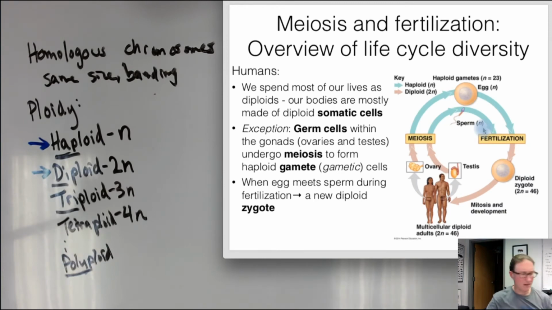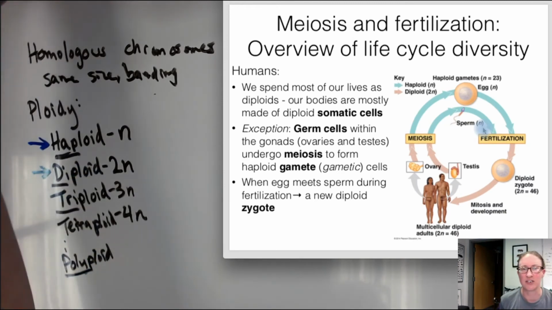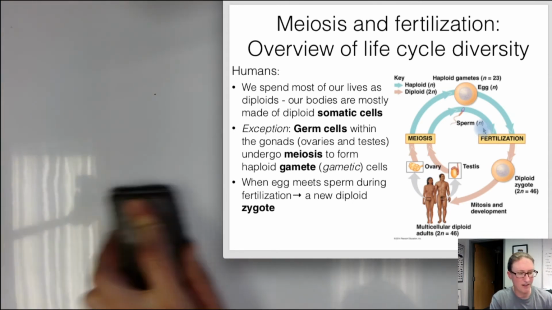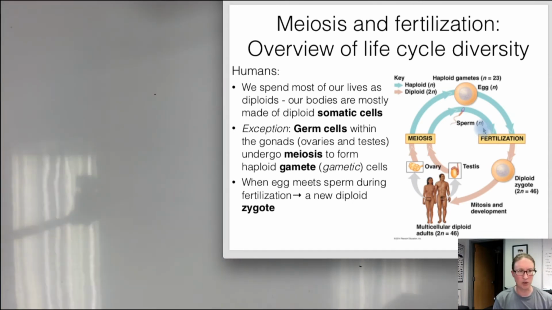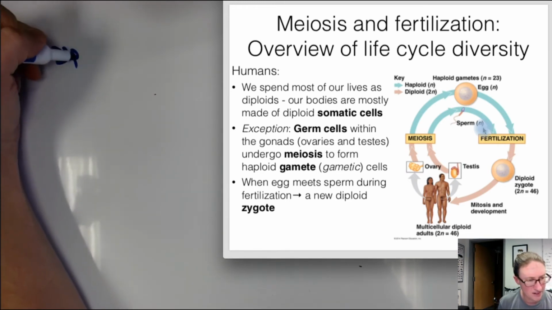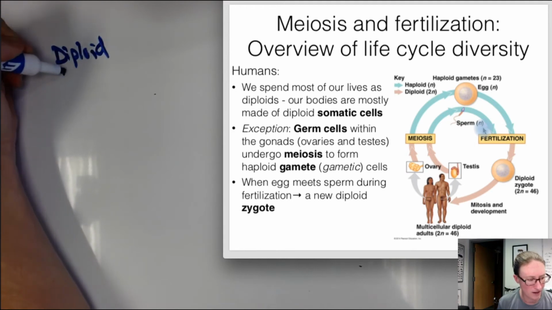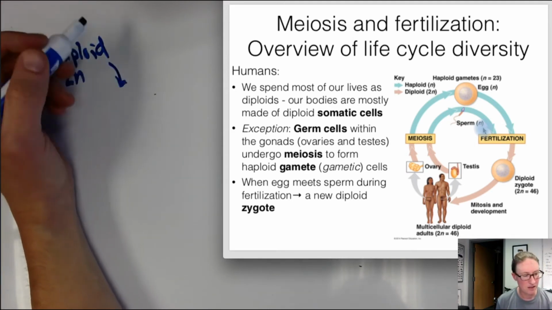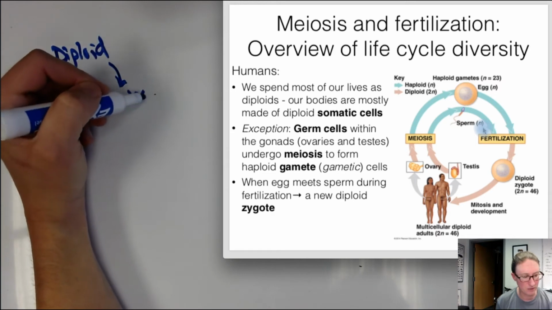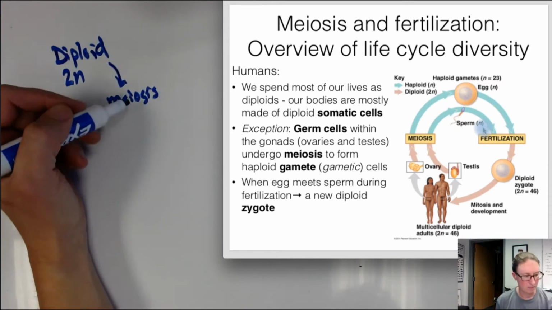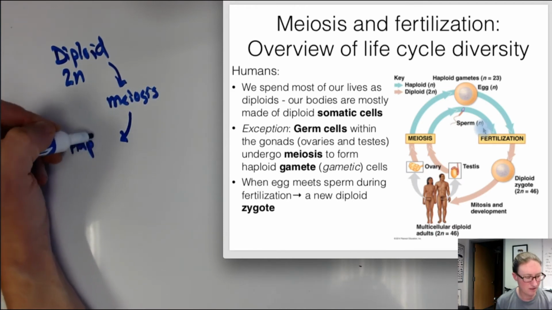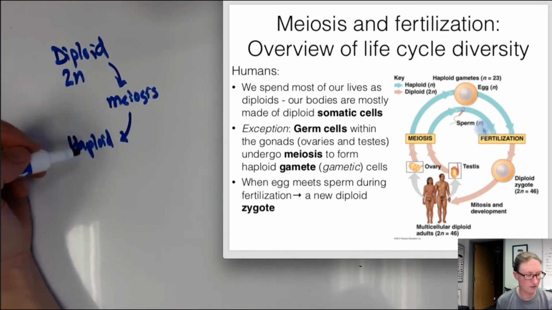So here's the thing about meiosis and fertilization. These are processes that alternate, and so organisms will go between a diploid state, where they have chromosomes in pairs. Then they'll go through the process of meiosis, and then they'll be in a haploid phase of their life.